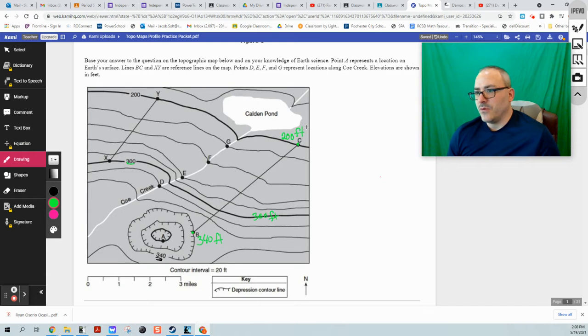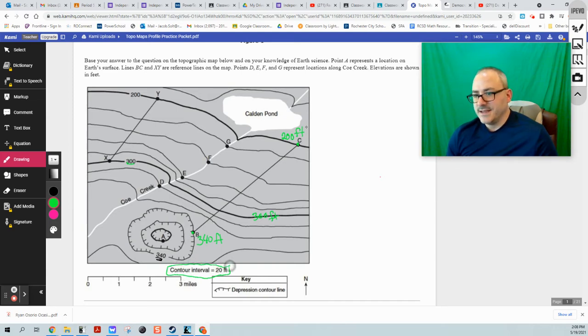And now I need to figure out what the interval is here, right? How much am I going down for each line? Well, I have to look at the legend for that. I'm noticing one thing here. It looks like this distance right here is equal to 3 miles on the map. The contour interval, that's very important. That's what I want to know right now. The contour interval is 20 feet.